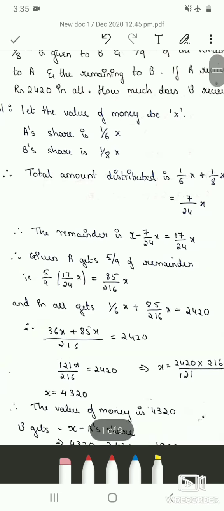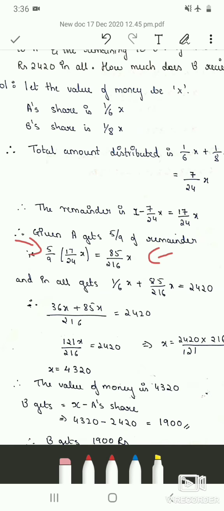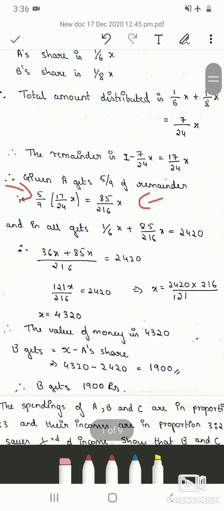We have obtained the value of the remainder, which is 17/24. So A gets 5/9 of it, that is 5/9 into 17/24 x, which is nothing but 85/216 x.